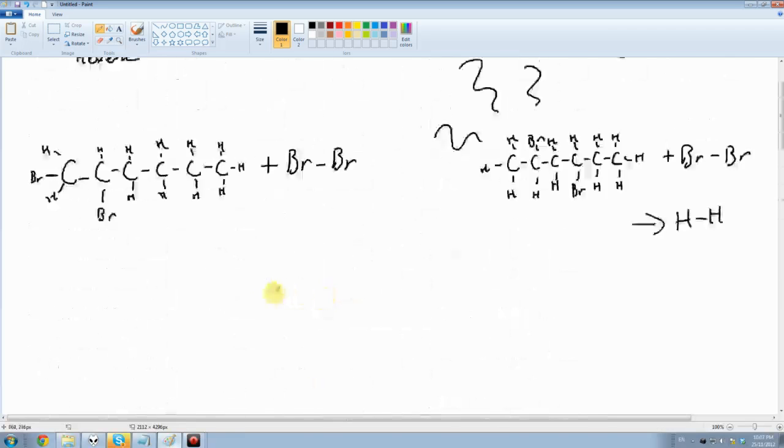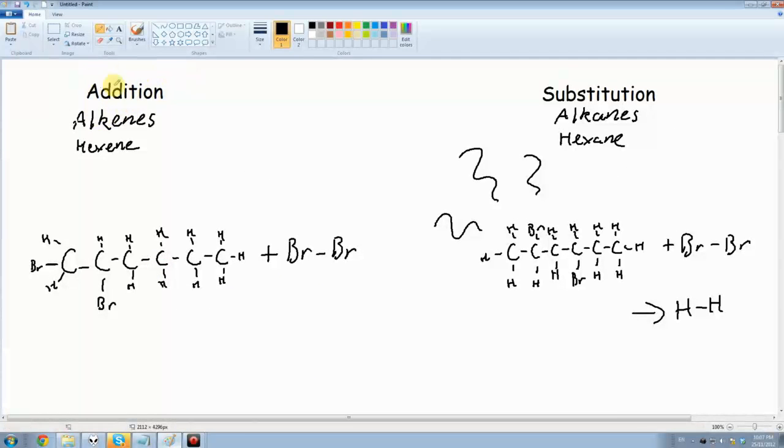So to reiterate, addition reactions: only alkenes use addition reactions. Why? They have that double carbon bond that's easy to break, and so these bromines, without any help, can break those bonds and add themselves into the molecule. Alkanes use substitution reactions.